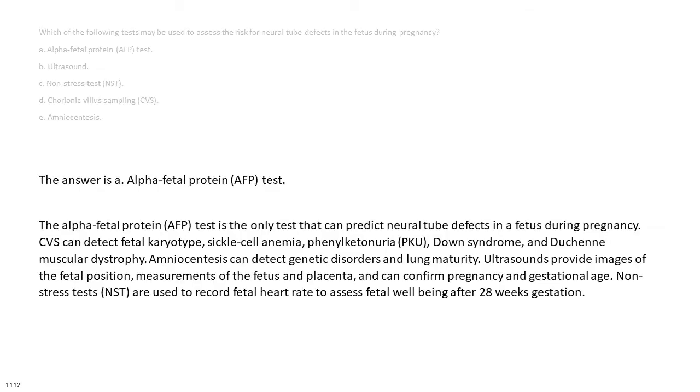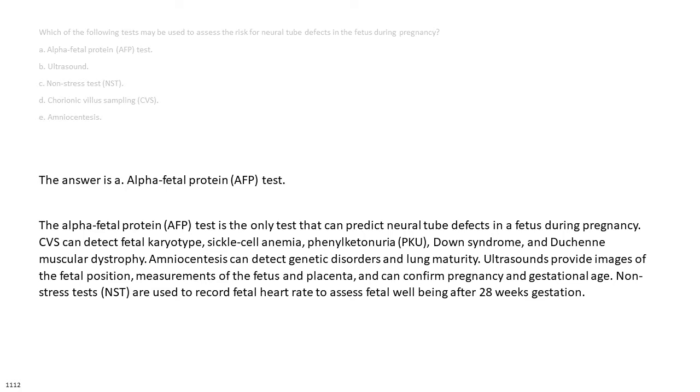The answer is A. Alpha fetoprotein, AFP, test. The alpha fetoprotein test is the only test that can predict neural tube defects in a fetus during pregnancy. CVS can detect fetal karyotype, sickle cell anemia, phenylketonuria, PKU, Down syndrome, and Duchenne muscular dystrophy.